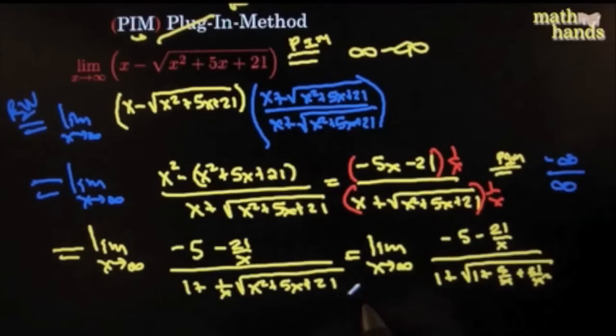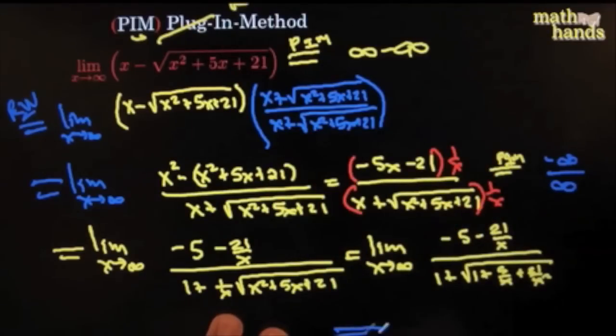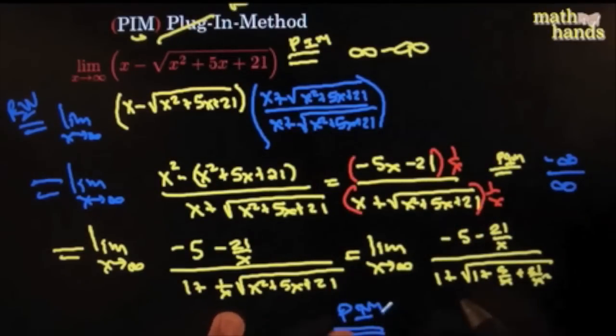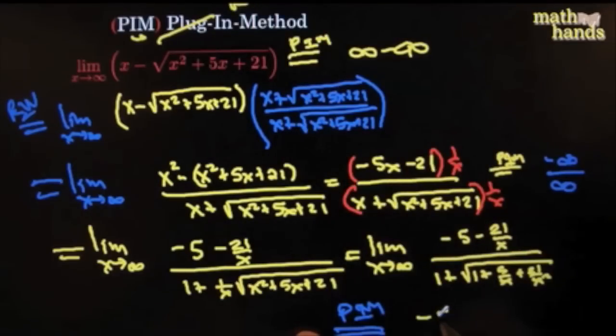Now I could try my plug-in idea here again. I'm not afraid. Plug-in method, and let's see what that would give me. That would give me negative 5 plus 0 plus 21 over infinity, over 1 plus the square root of 1 plus 0 plus 0. Can you guys see that?